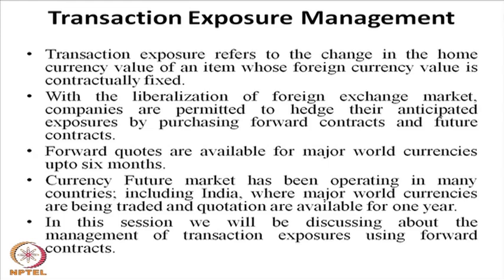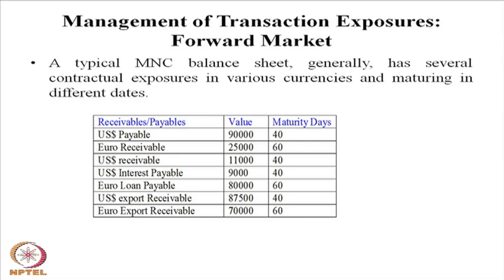The question is, how can we define transaction exposure from the corporate angle? Corporates are practically exposed to the foreign currency market because of their international transactions. The transaction may be in the form of export, import, or payments of foreign currency for borrowing and lending.